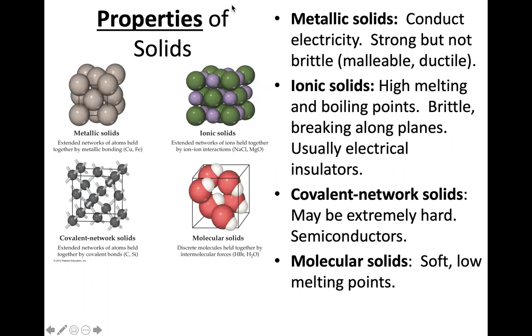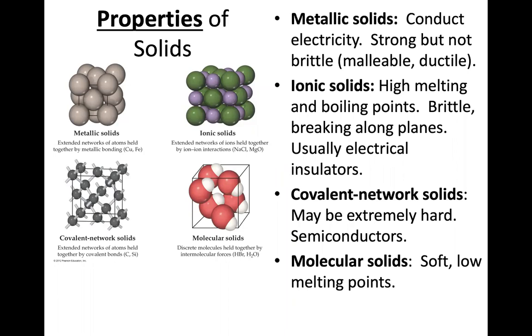Hey, Dr. Clark. When we talk about crystalline versus amorphous solids, are we only talking about covalent network solids and ionic solids? No, I would say that both of those categories work across all of the different types that we have. It's not restricted just to one particular one.